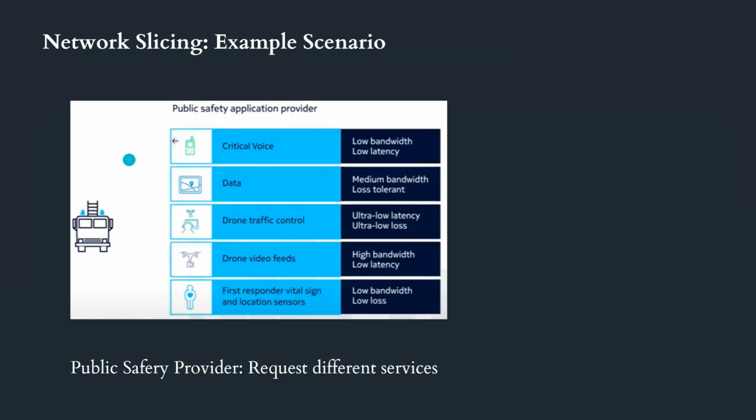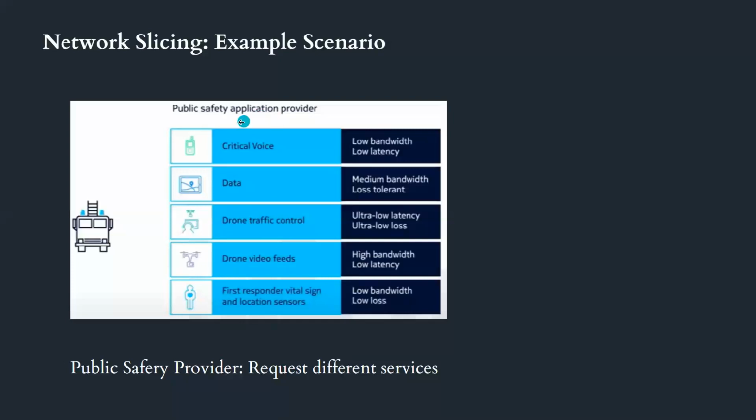What I mean is that there's a certain application that is installed in the phone, which gives us certain services, such as critical voice data services, drone traffic control, drone video feeds, first responder vital sign and location sensors. So these are the services provided by the public safety application, right? The public safety application provides services to the customers during an emergency.